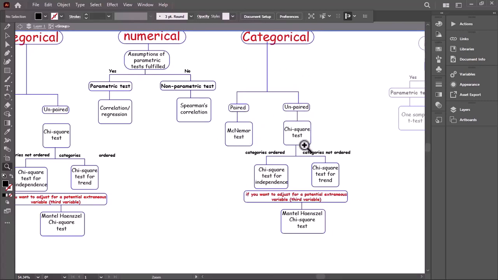If they are unpaired, we use the chi-square test. If there is no inherent order in your outcomes, you can use the chi-square test for independence, whereas if there is order, you can use the chi-square test for trend. And besides the two categorical variables that you are assessing, if there is a third extraneous variable, you can use a special kind of chi-square called the Mantel-Haenszel chi-square.